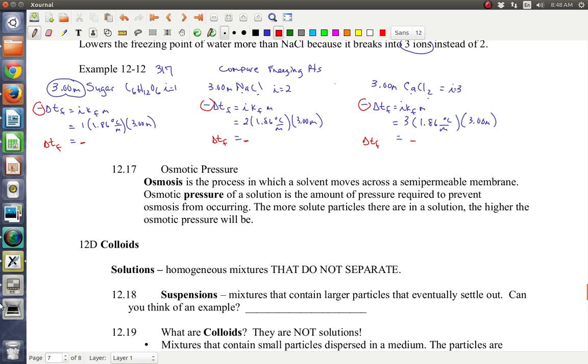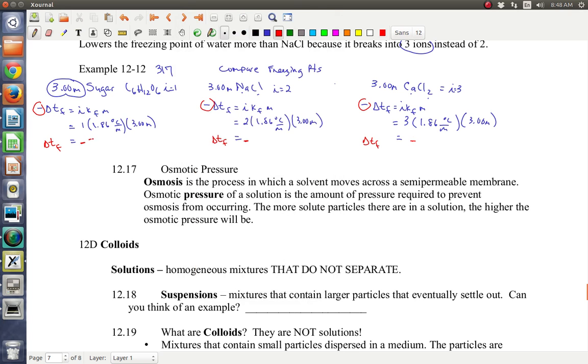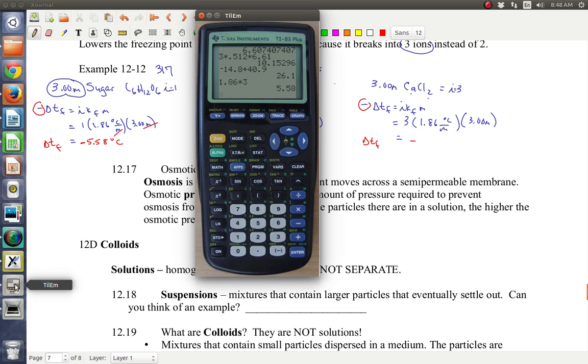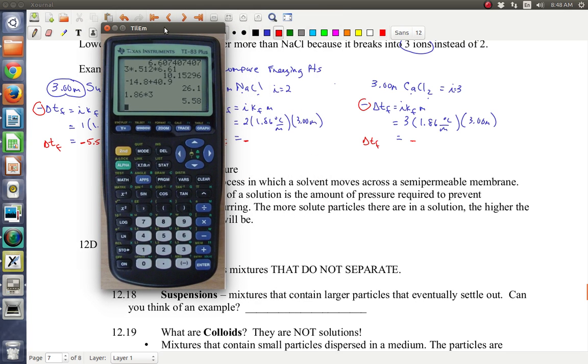All right, let's do the first one. 1.86 times 3. The first one is 5.58, or negative 5.58, because the m's cancel, it's degrees Celsius. Second one: 2 times this same quantity. I'll just do it piecemeal. 2 times 1.86 times 3.